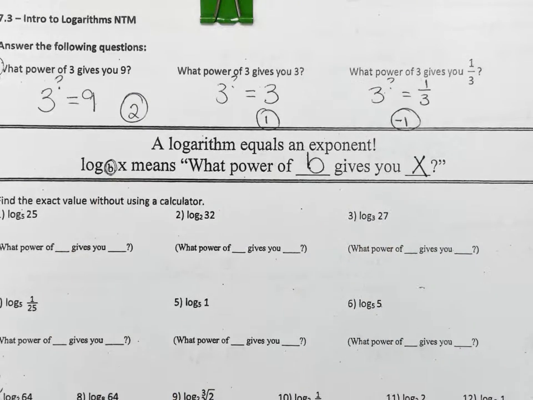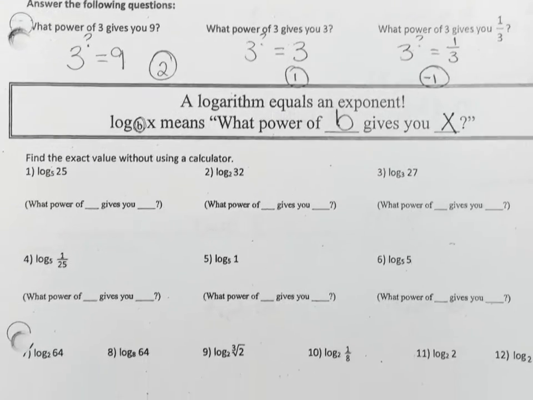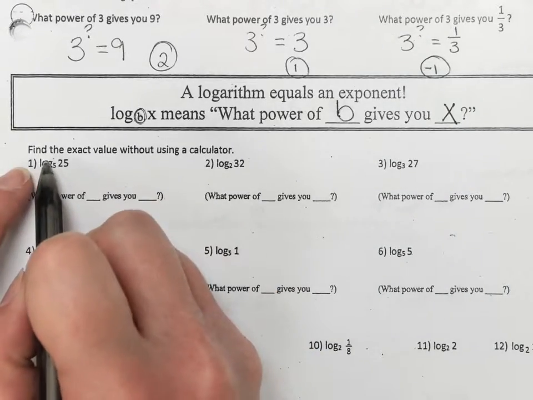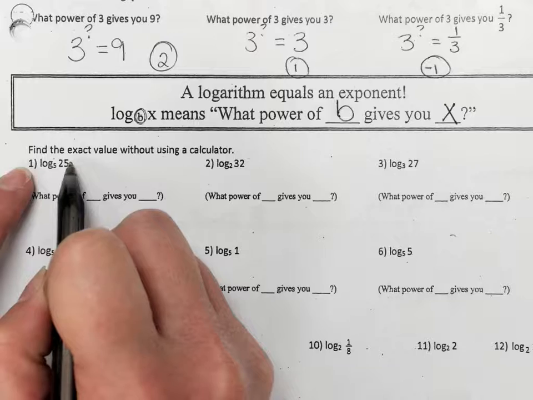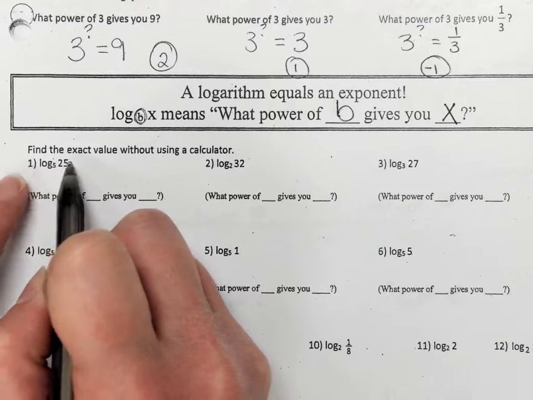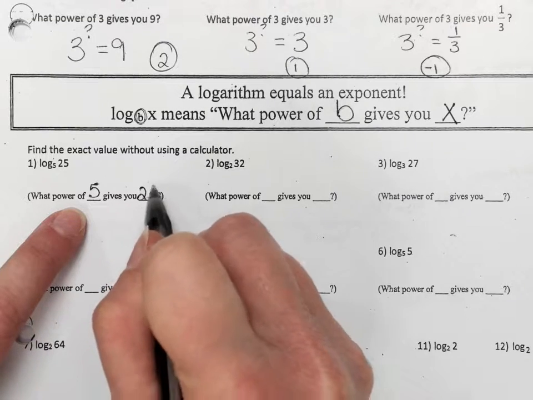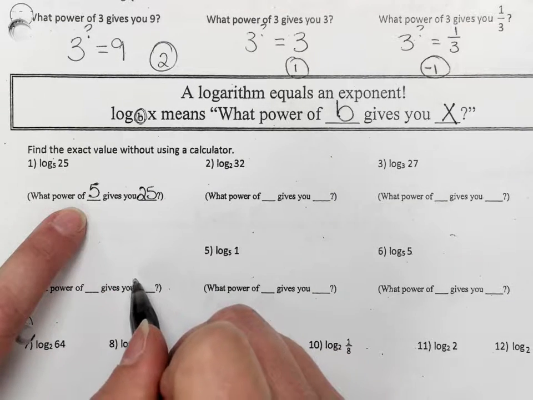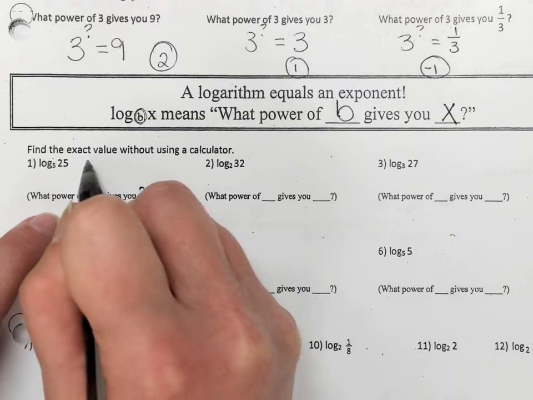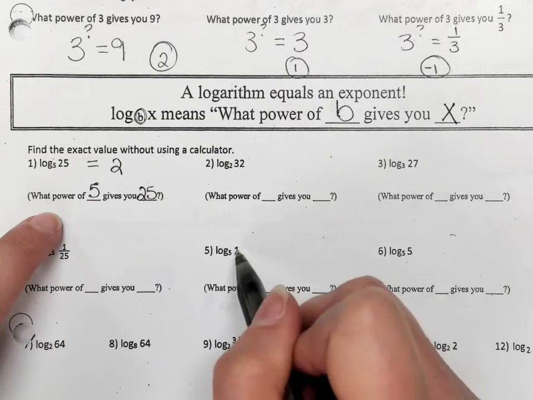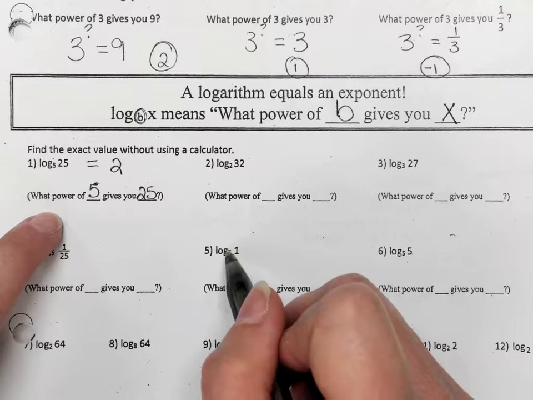We're going to do that real quick before we start logarithms. So log base 5 of 25 is how we say that. What power of 5 gives you 25? 2. Very good. 5 to the second power is 25.